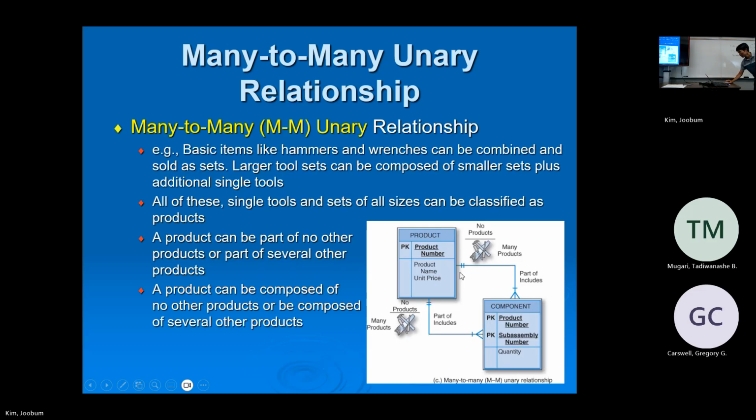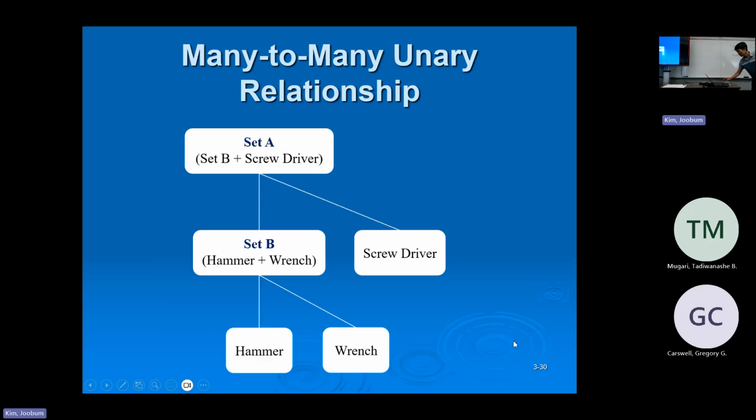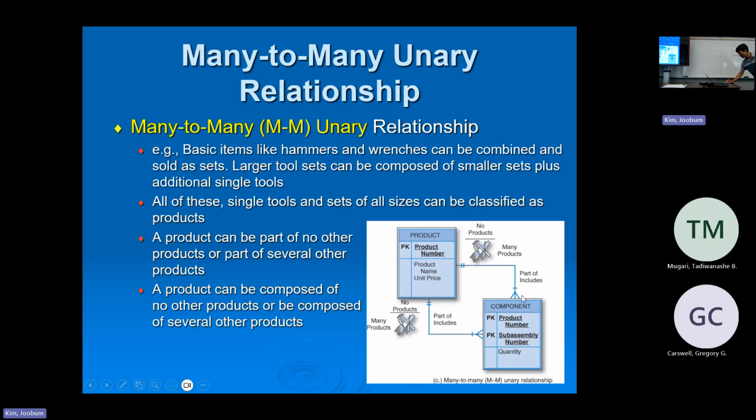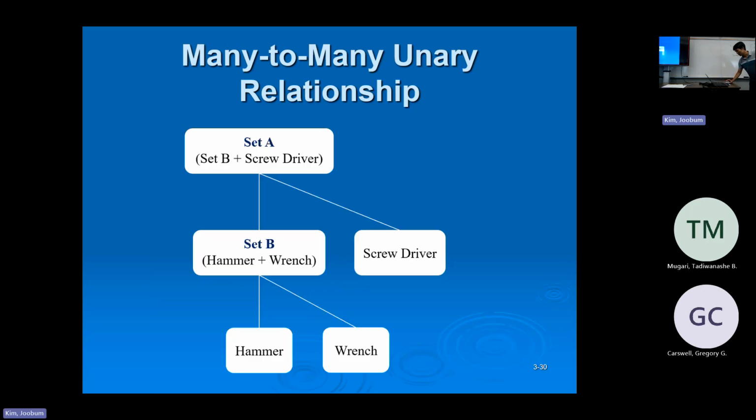In this case, set A has many tools, such as set B and the screwdriver. So it has many product components, but vice versa, from the point of view of B, it is only included in set A, and the screwdriver is only included in set A.